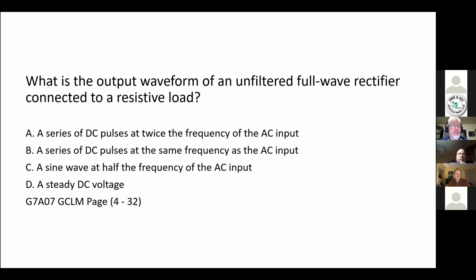B, a series of DC impulses at the same frequency as the AC input. C, a sine wave at half the frequency of the AC input. Or D, a steady DC voltage. Alpha is correct. You'll get a series of DC pulses at twice the frequency.